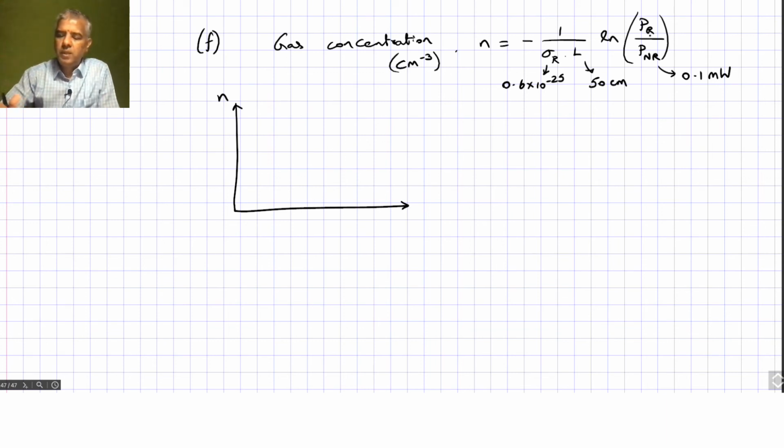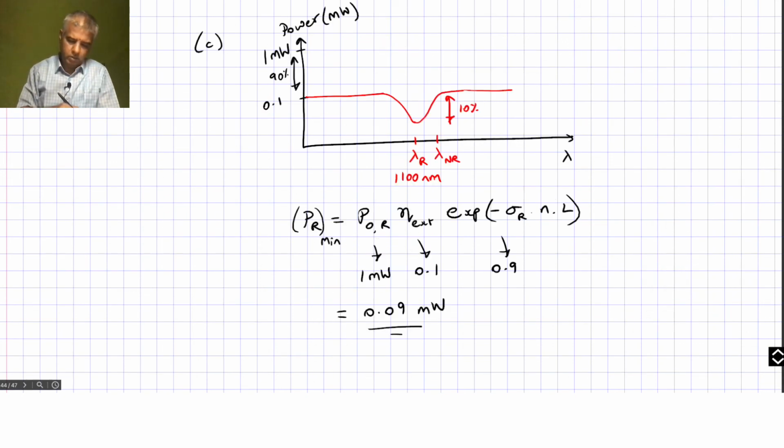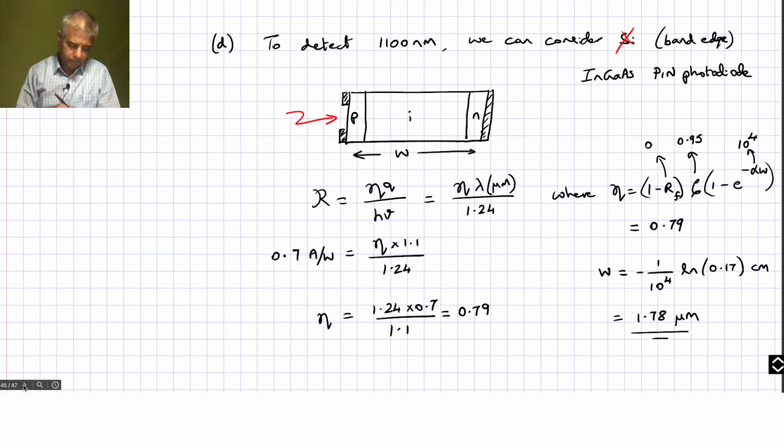Well, when you have the limit of n tending to 0, then PR will become PNR. If there is no absorption, then this will actually just be a flat line. So PR is going to be equal to PNR, right?